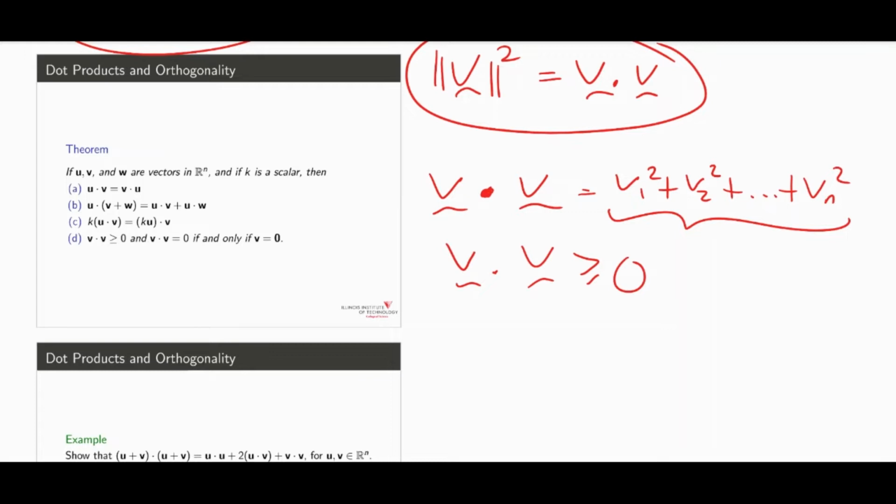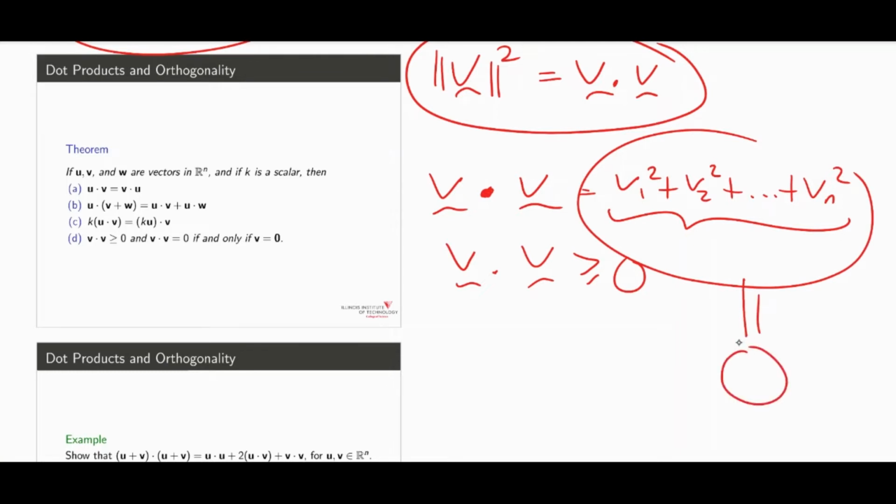When v dot v is equal to 0, if you really want this to equal 0, every single component has to be 0. That means the vector v is 0. So v dot v is 0 if and only if the vector is 0. If this vector is 0, then the dot product is 0.